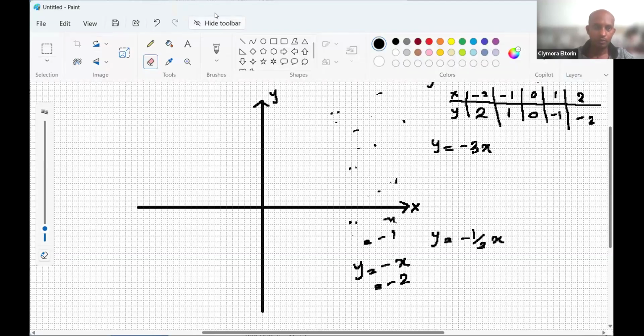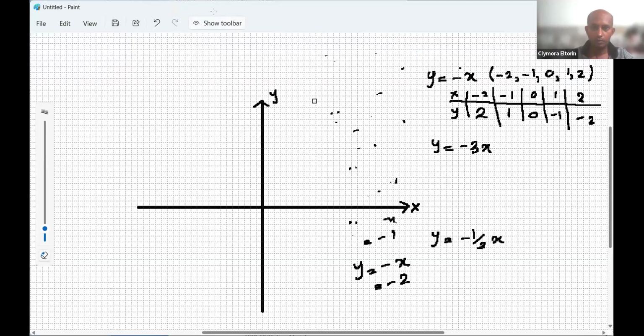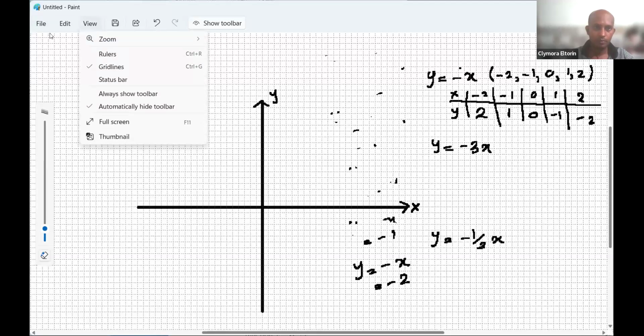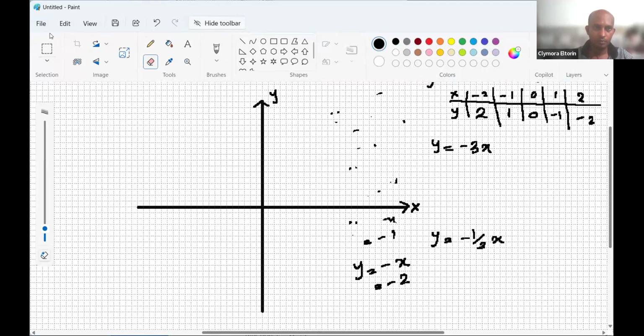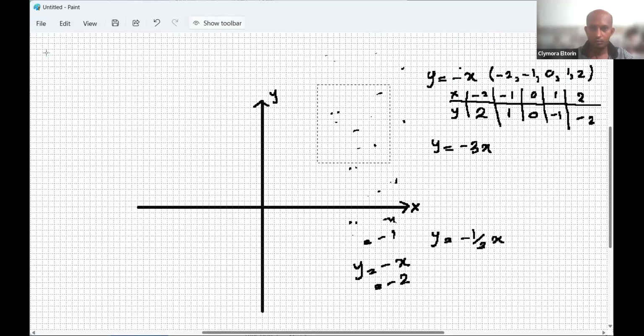This is one. All right, let's look at the graph. I'm using the black color here. First of all, I need to name these graphs now and plot the values.